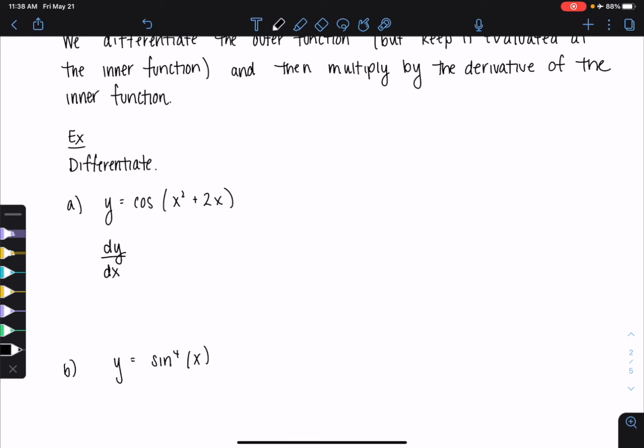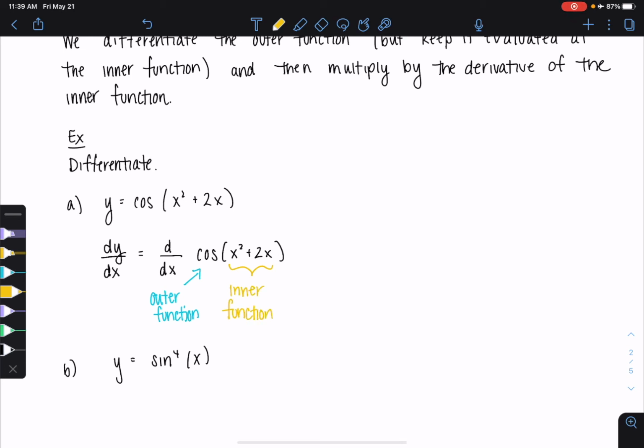If I want to find my derivative, I'm taking the derivative with respect to x of cosine of x squared plus 2x. So I'm going to label all of my pieces. My outer function is this cosine function. My inner function is this x squared plus 2x. What the chain rule tells me is I take the derivative of my outer; the derivative of cosine is negative sine.